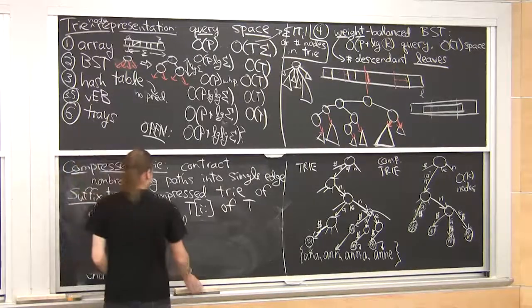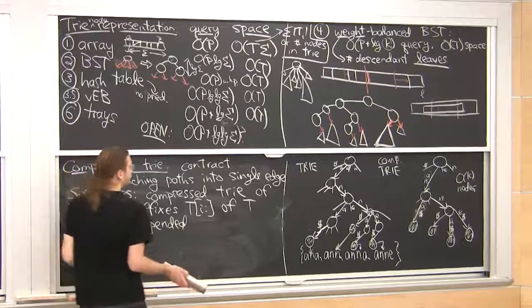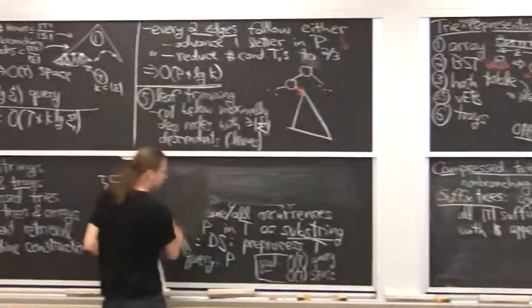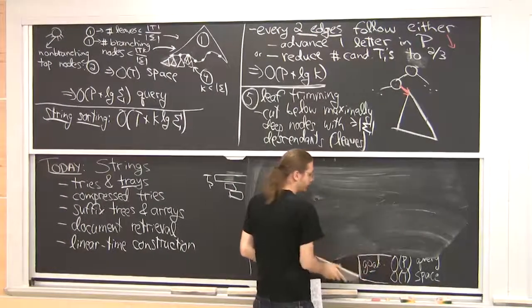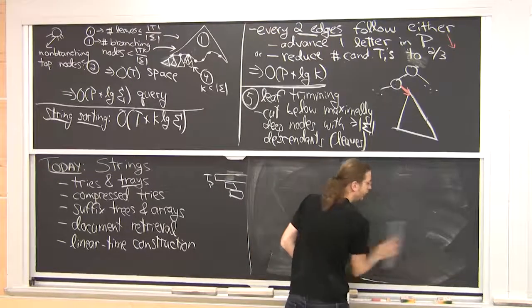Let's do an example. At this point, we're going for this goal of order p query, order t space. Suffix trees will be a way to achieve that goal.